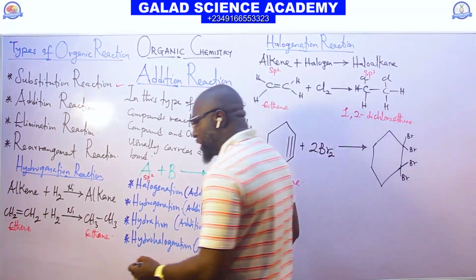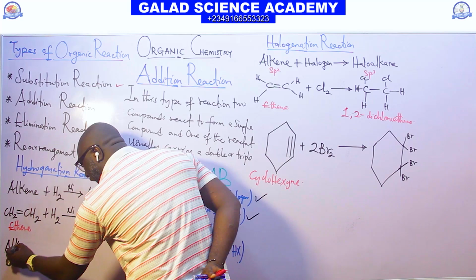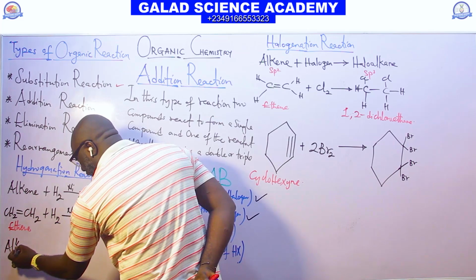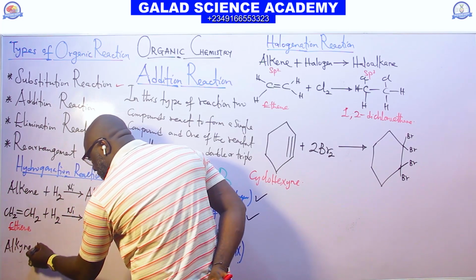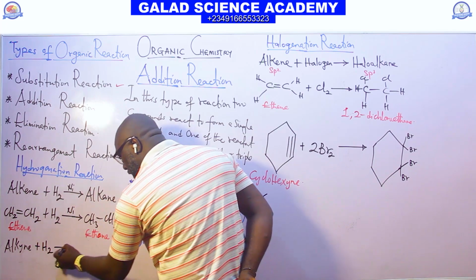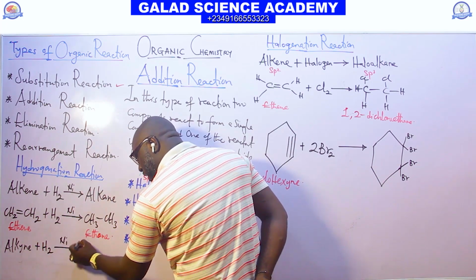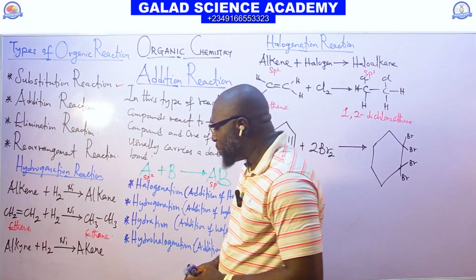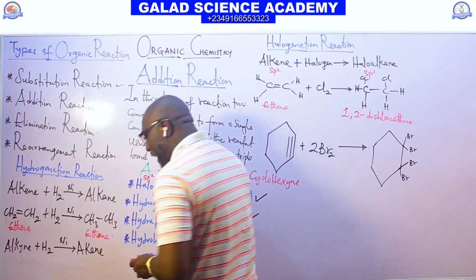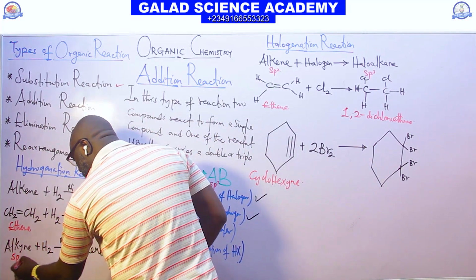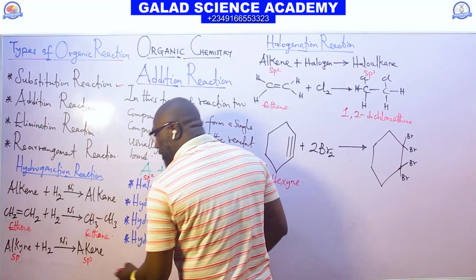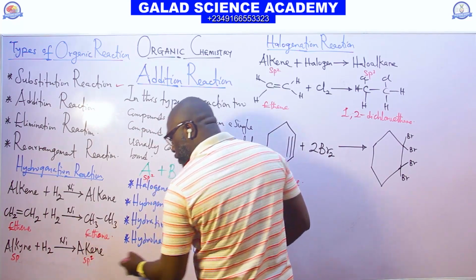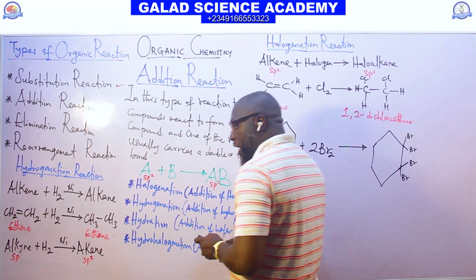If we hydrogenate alkyne plus hydrogen in the presence of nickel, it will give you alkene. So the hybridization for this alkyne we know is sp. This one will be sp3. It's sp2.